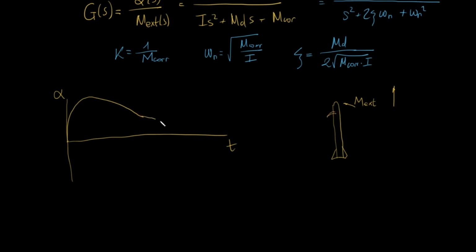That's a damped system. Our rocket is not damped at all, as I discussed before, and we're going to see it later when we substitute our variables in these 3 key variables. In future videos, we're going to substitute our damping moment and our corrective moments, or our values, to get a feeling of what these variables are going to be like.